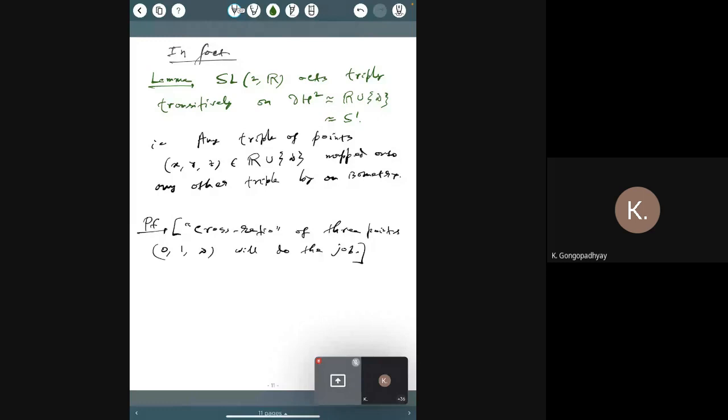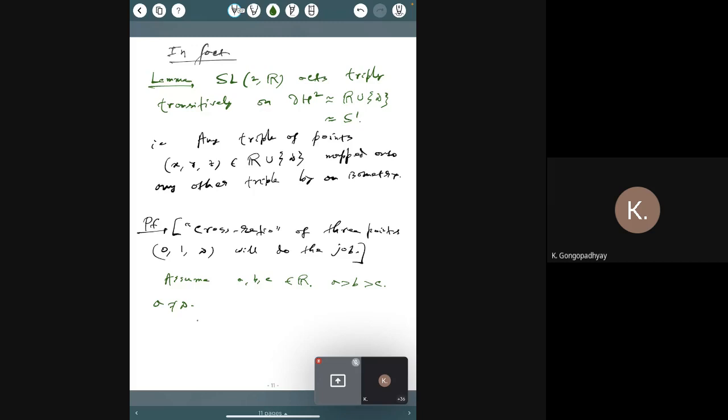Okay, so assume A, B, C in R, A greater than B greater than C. Suppose A not equal to infinity.